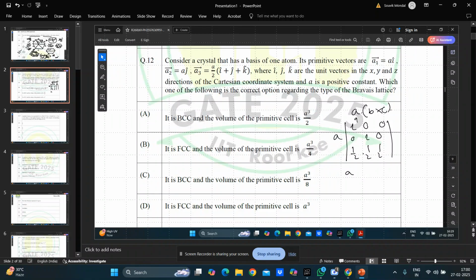Now simply calculate the determinant, that is A dot B cross C. It is 1 into half minus 0. Sorry, there is a cube for each lattice vector, so it is a cube by 2. So only one option is matching, that is this one.